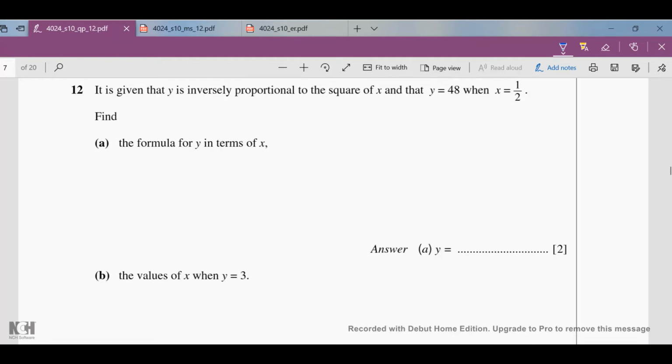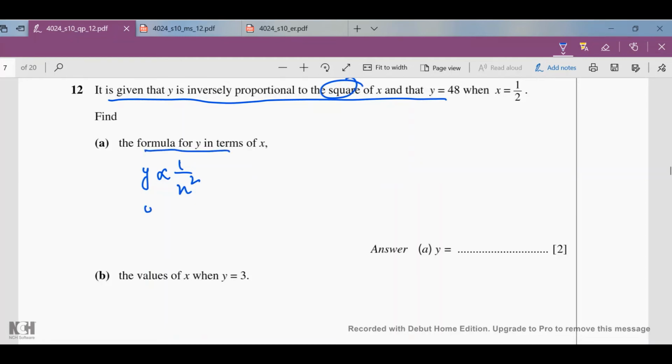Okay, it is given that y is inversely proportional to the square of x. Please remember, many students made this mistake. Okay, I want to make a formula.